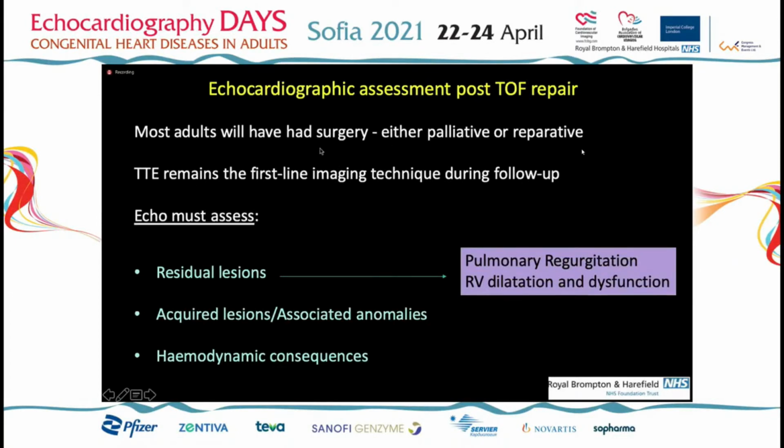Even in early adults or teenagers who have not had repair of tetralogy of Fallot, we could still consider full repair of them, provided the pulmonary artery pressures are not increased, and the pulmonary artery stenosis, the pulmonary valve stenosis, or the infundibular stenosis protect the lungs against developing high pulmonary artery pressures.